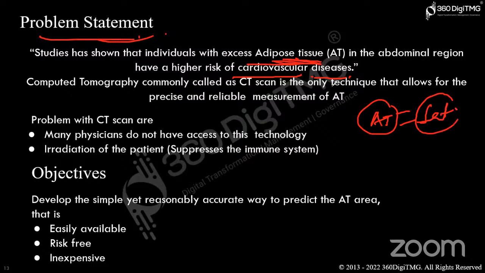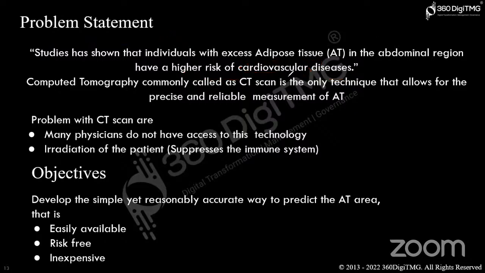Whenever you have excess adipose tissue, you will have a high risk of cardiovascular diseases. So in order to calculate how much fat or adipose tissue you have, we will be going for a CT scan, that is computed tomography.